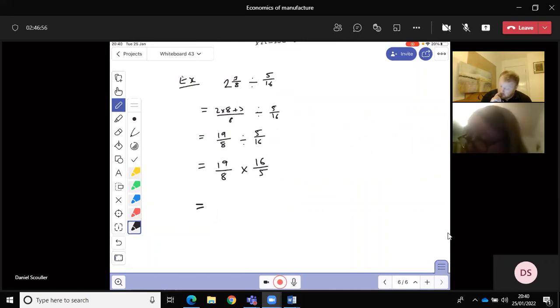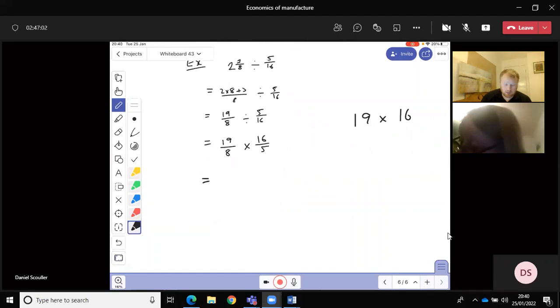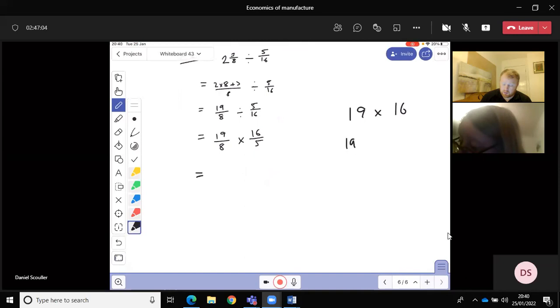So 19 times 16. Again we can break that down to 19 times 10 plus 19 times 6, which is not a particularly pleasant sum to do, but it's a lot more digestible than 19 times 16.